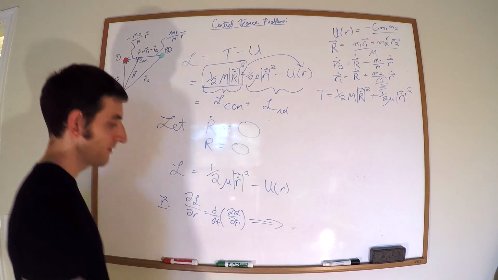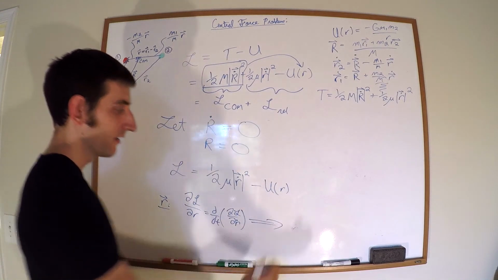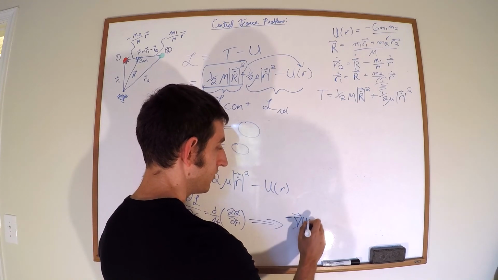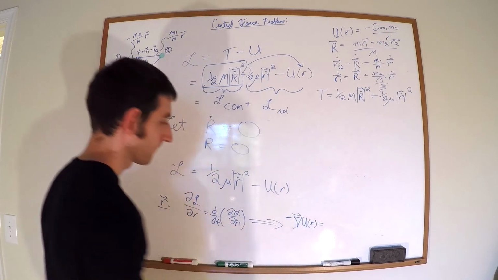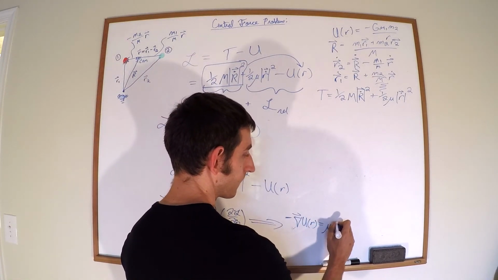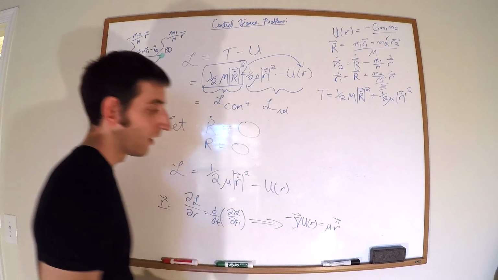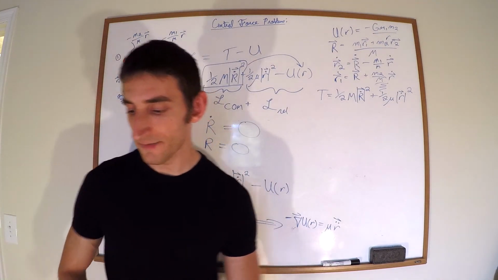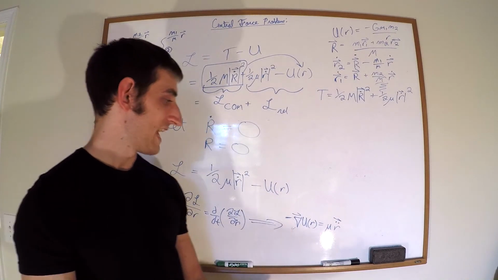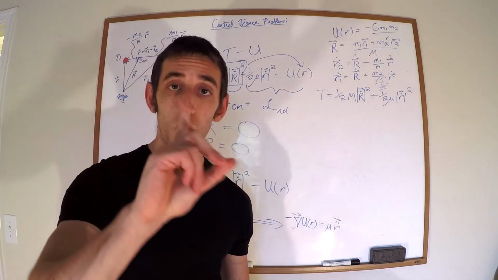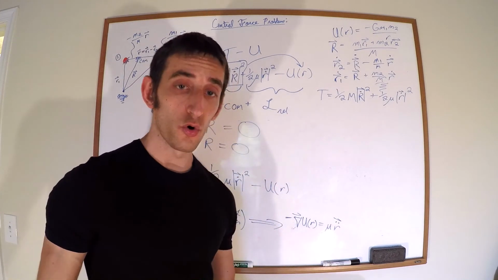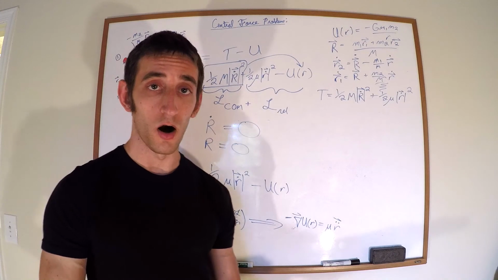This is the negative gradient of U(r) equal to mu r double dot. Right? F equals ma for one particle of mass mu with one coordinate, little r.